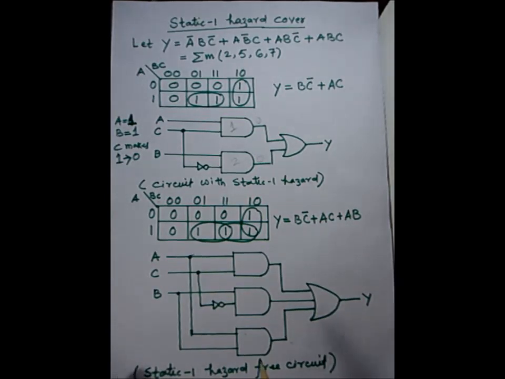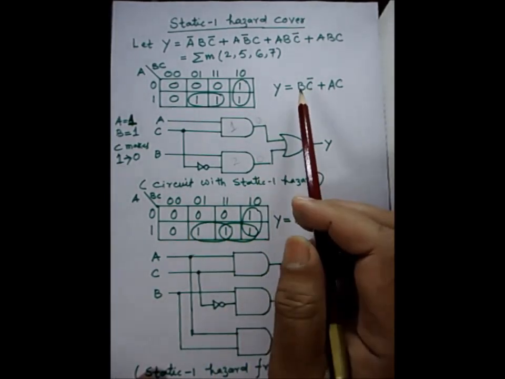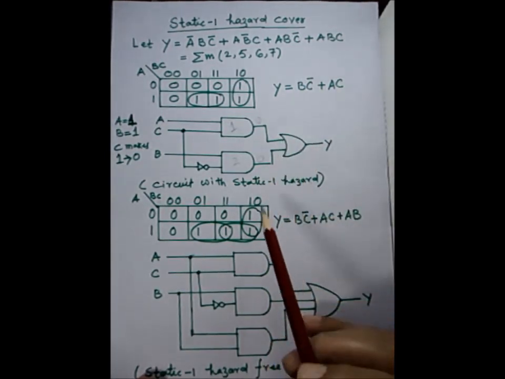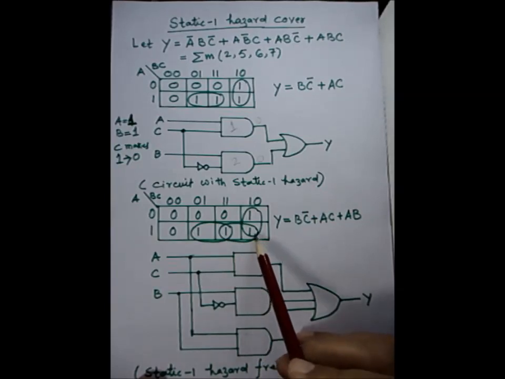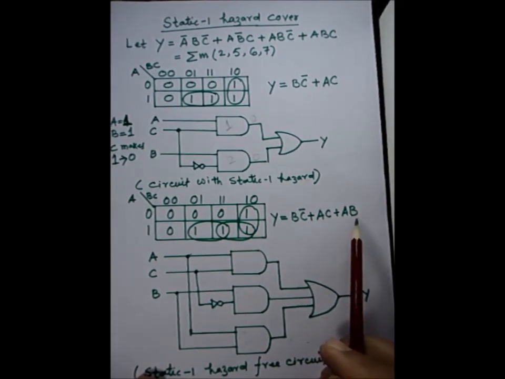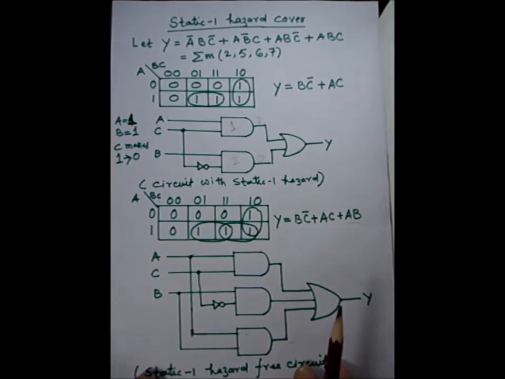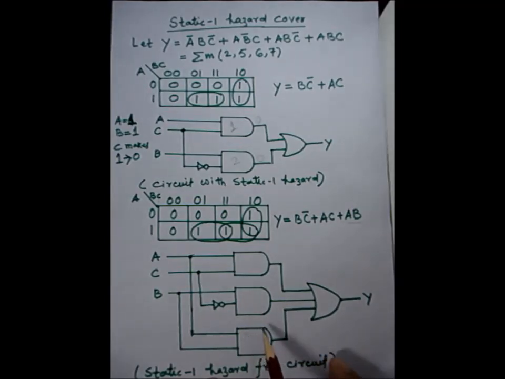Now let us take the same Boolean expression which we made into the minimized form. In that expression, another group has been added, and as a result another term has been added, which is AB. Due to that addition, the modified circuit is free from static 1 hazard.